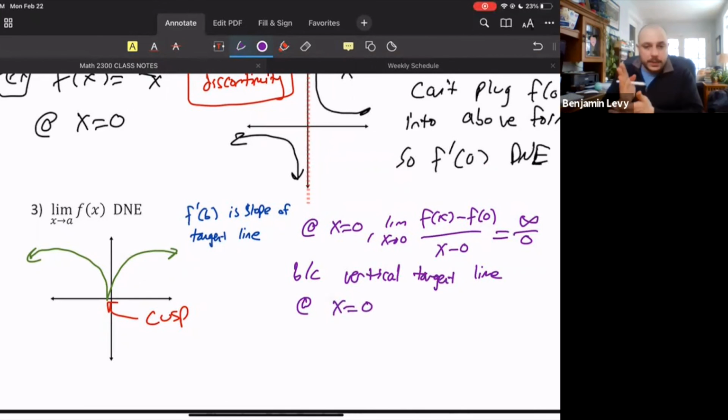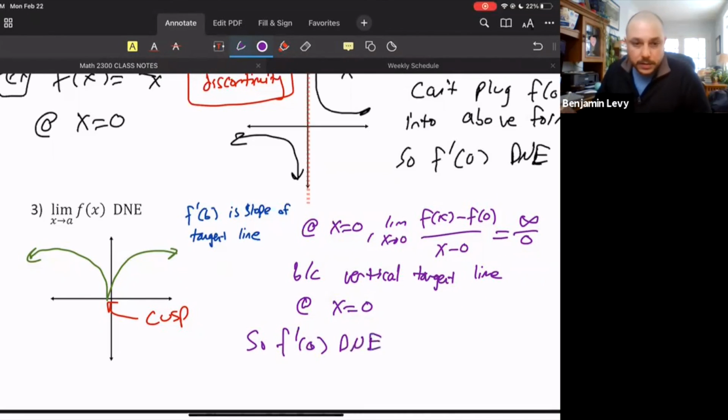So if there's a vertical tangent line, i.e. a slopeless tangent line in some sense, then you can't have a derivative there, right? What's the numeric value for infinity? There isn't one. And so the derivative at 0 here does not exist. I'll just say because the limit does not exist.